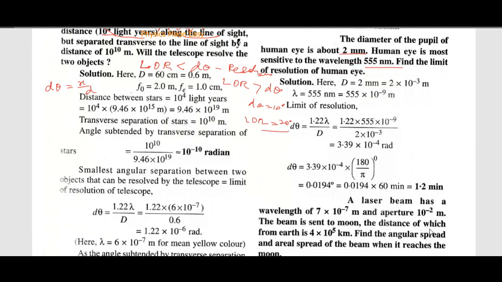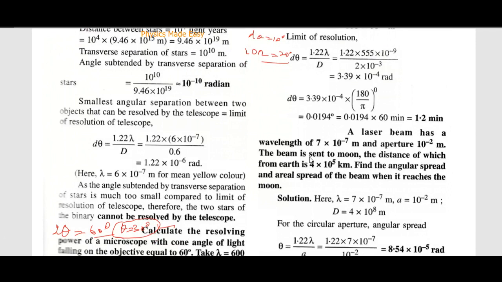A laser beam has this wavelength and an aperture of 10 raised to power minus 2 meter. The beam is sent to the moon, the distance of which from earth is this. Find the angular spread and the areal spread. Lambda is given and aperture is given, so you can find the angle theta.